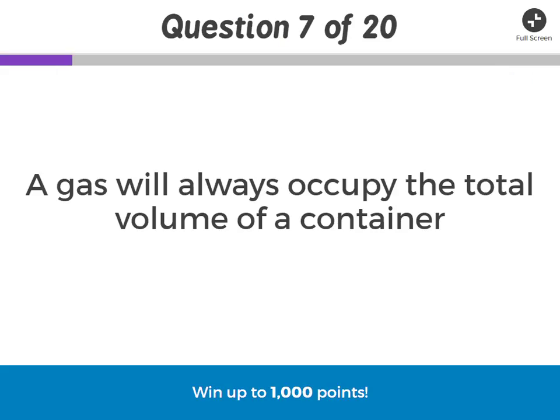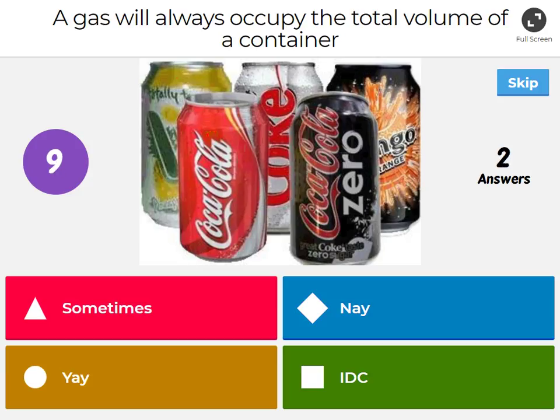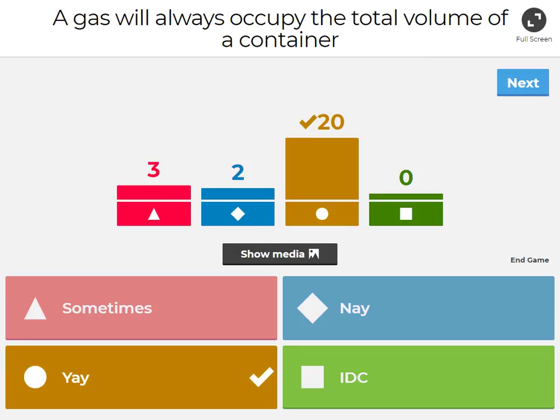A gas will always occupy the total volume of a container. Yay or nay? Or sometimes, or I don't care, also are options. When is it nay? Never. Never. We just went through that example.